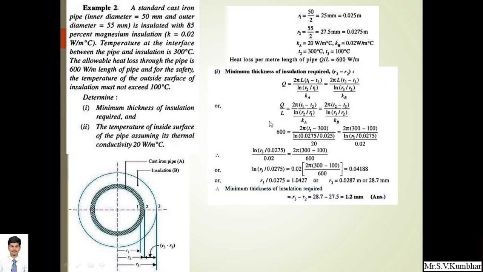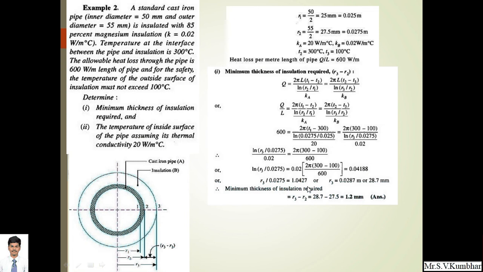The first question, minimum thickness of insulation, means we have to determine here R3. So equate 600 and this, we will get R3 as 0.0287 meter, that is 28.7 mm. R3 minus R2 is 1.2 mm.